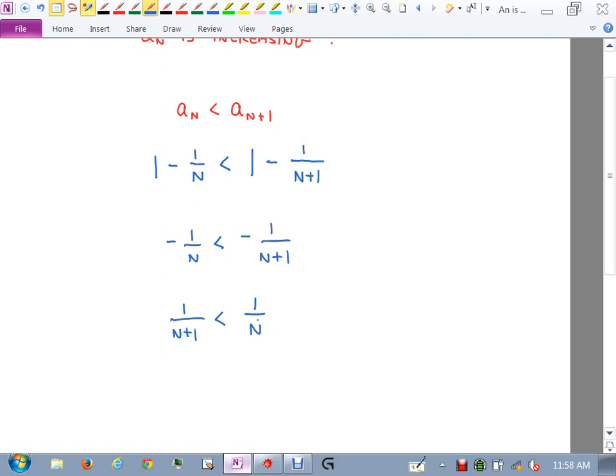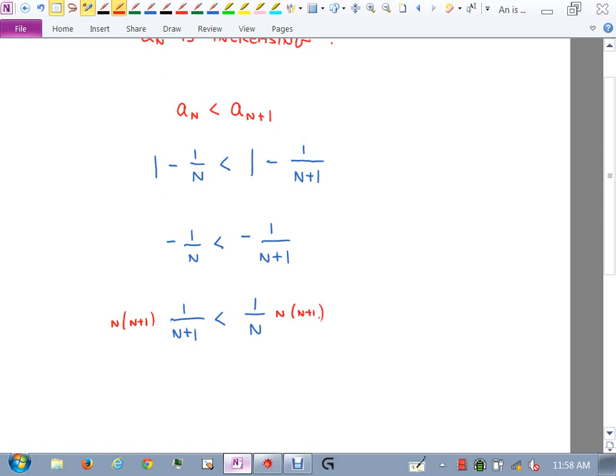Now what I'll do is kind of like what people like to call cross multiplication. I don't like to call it cross multiplication. All you're doing is clearing your fractions out. So you're going to multiply both sides of this inequality by n plus 1.